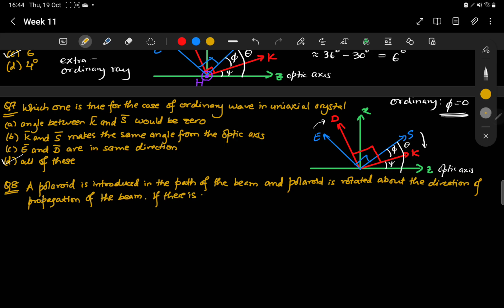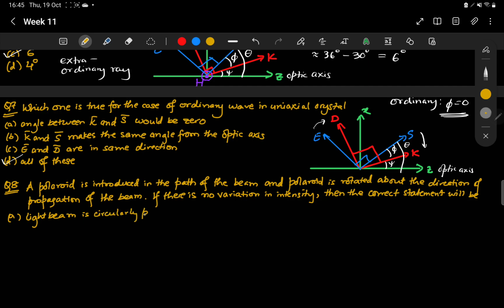If there is no variation in intensity, then the correct statement will be: A, light beam is circularly polarized.